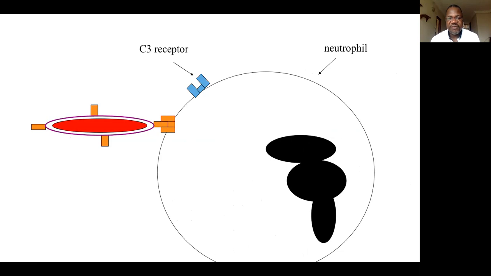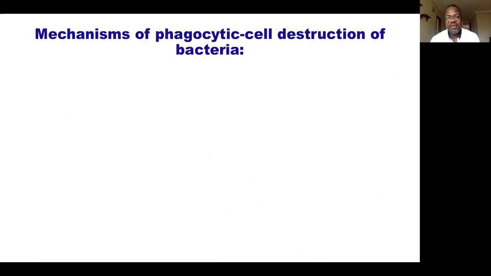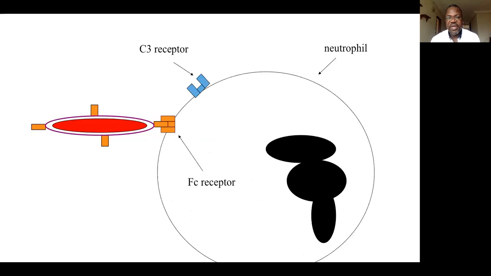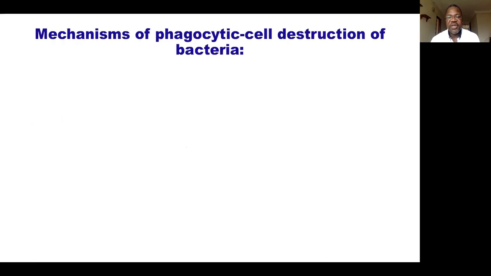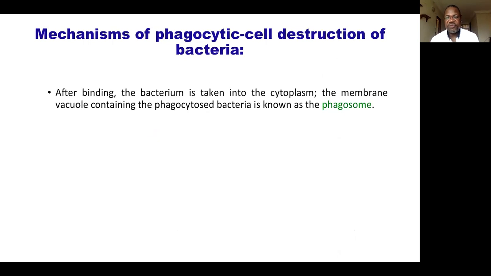Here you have the complement receptors, and here you have the Fc receptors that attach to the antibody, and it will then be able to phagocytose the microorganism. So after binding, the bacterium is taken into the cytoplasm, and the membrane vacuole containing the phagocytosed bacteria is known as the phagosome.